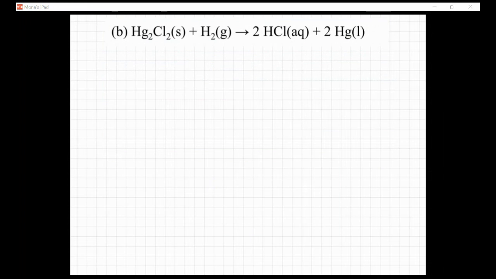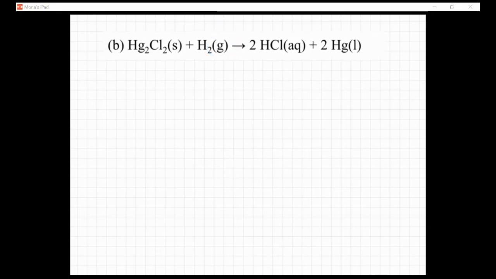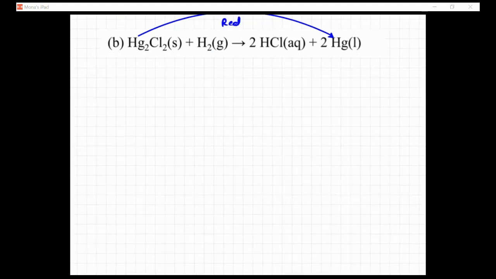So now when we write the two reduction half reactions, first of all, let's try to know what's happening here. Of course, you could see that this is going there, it means it is reduction. And this is what's happening here, it means it is oxidation. Okay, so right and left.